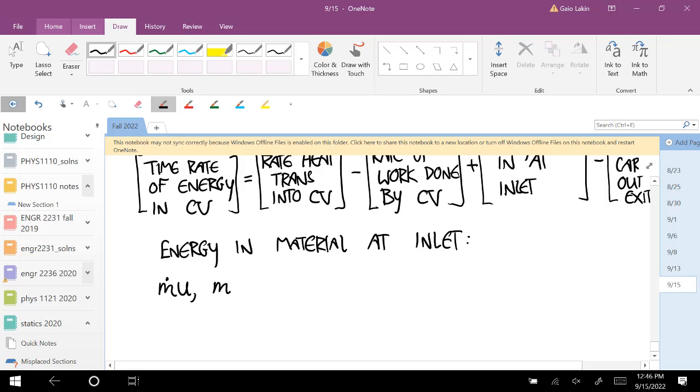We have the rate of change of potential energy, so that's m dot times g times h. We have the kinetic energy of that material, so 1/2 times m dot times the speed squared.